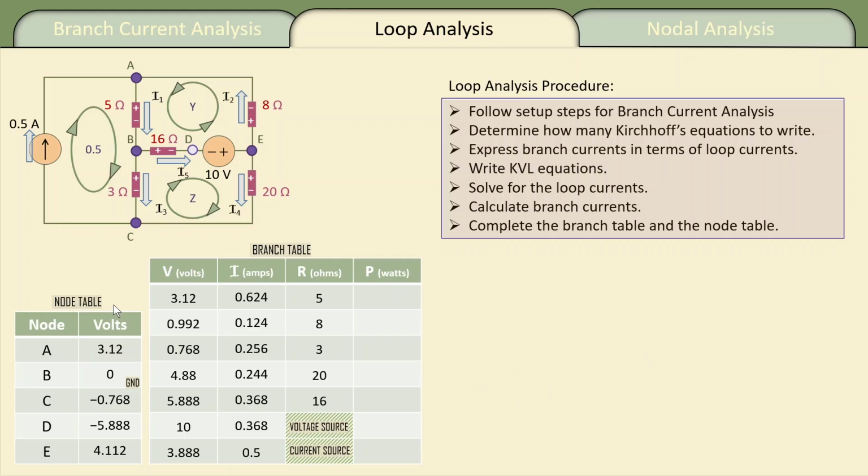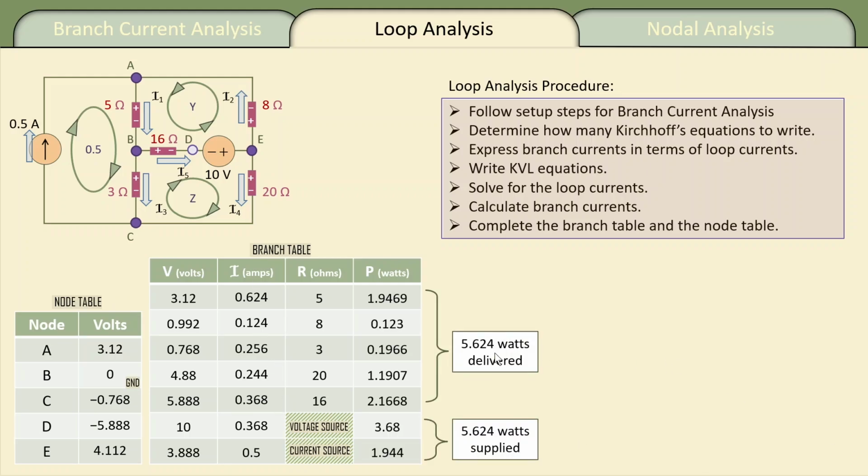So our node table looks different than before because we chose a different ground, but our branch table has the same values. We can calculate powers again with the same result, that the total power supplied equals the total power delivered.